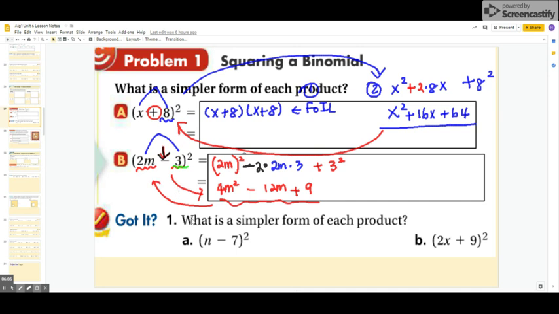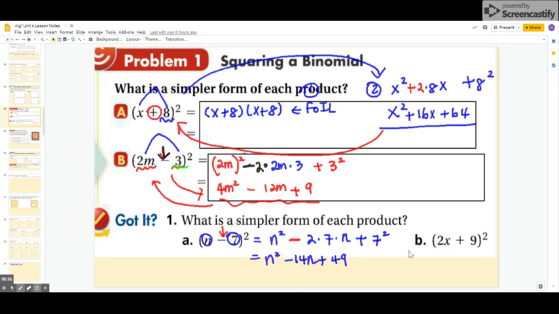I need you to solve these two questions by yourself. Let's go over this together. So the first term squared, and we have two terms here. So 2, double it, and 7 times n. And the middle sign is negative, so subtraction. And you're going to square 7, so 7 squared: n squared minus 14n plus 49.